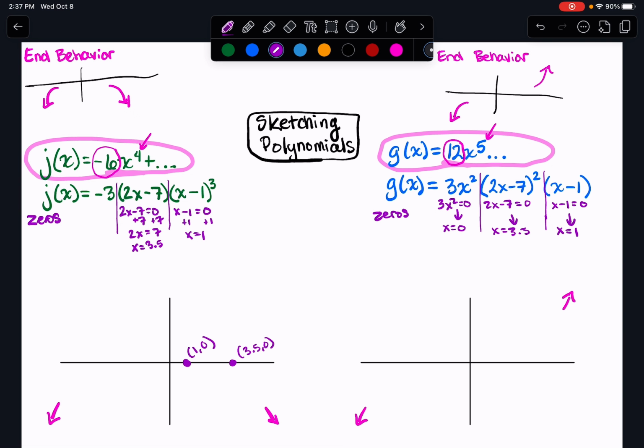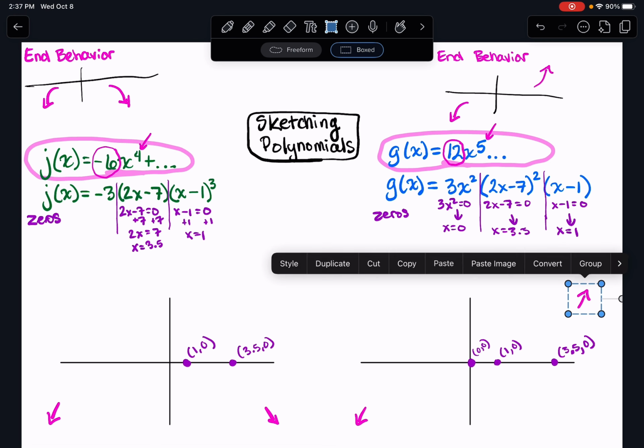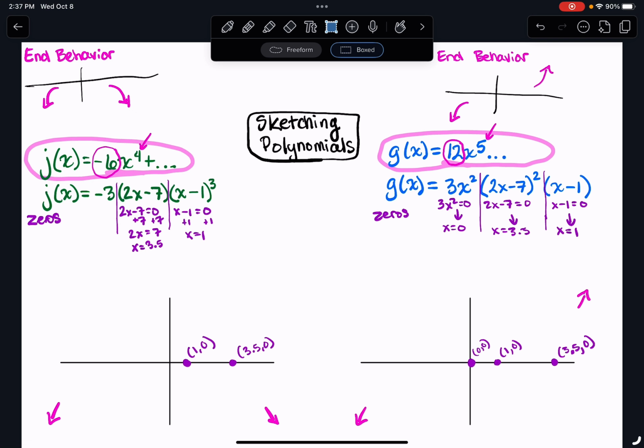So for g of x, my zeros happen at 0, 1, and 3.5. And I'm going to label those. So now I have my end behavior, and I have all of my zeros labeled for both functions.